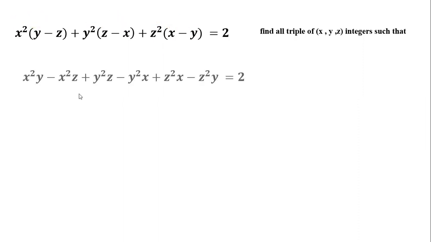So we get this expression. In the next step, we can factor x from the terms under which there is a red line, and also we can factor out y from the terms under which there is a blue line.